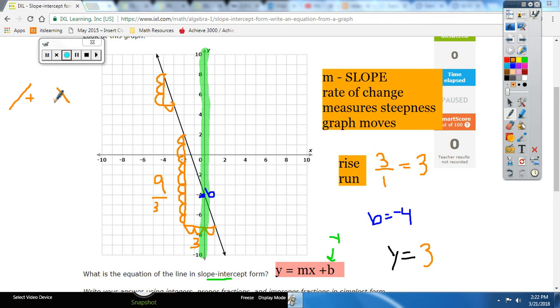It's going in this direction, just like this one. So it's actually negative 3x, and then minus 4. That's my equation. Again, I picked 2 points and drew the triangle. That gives me the m, the first part. The x is just x, and the b is where it touches the y-axis.